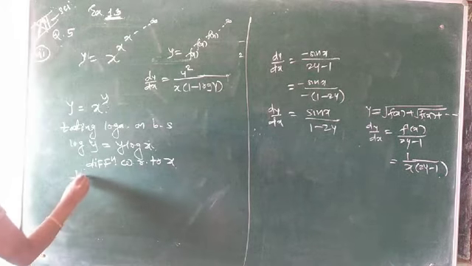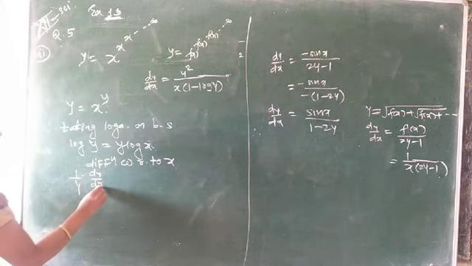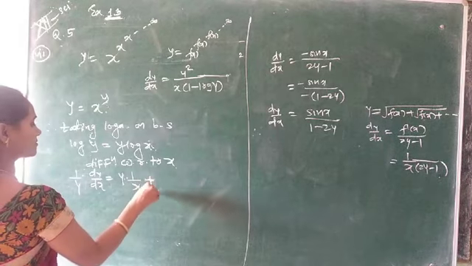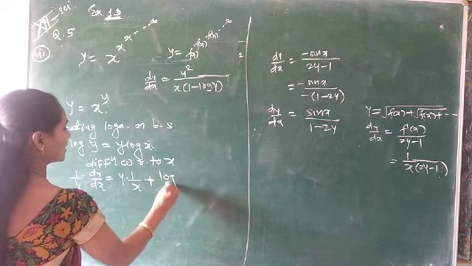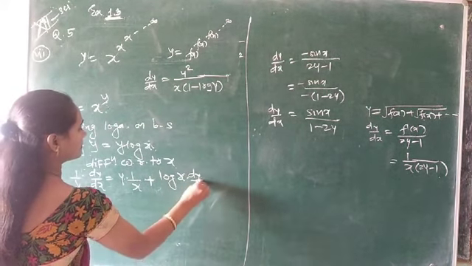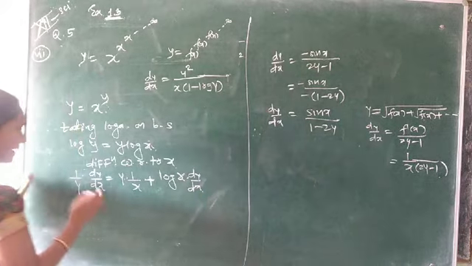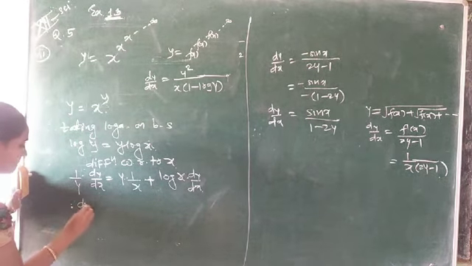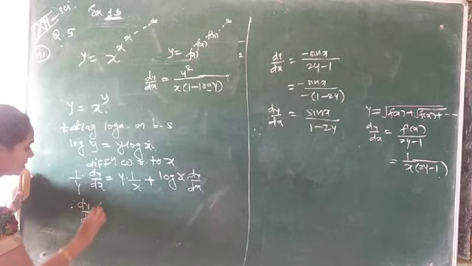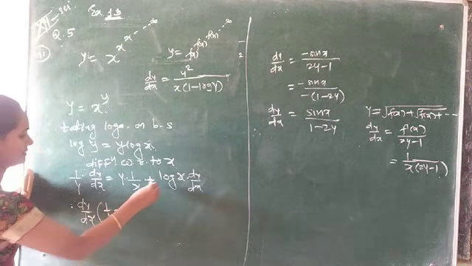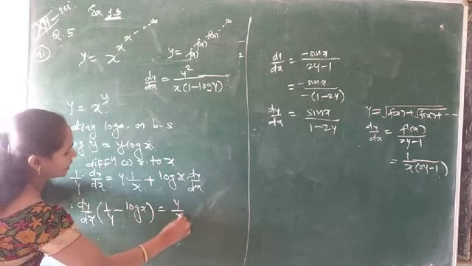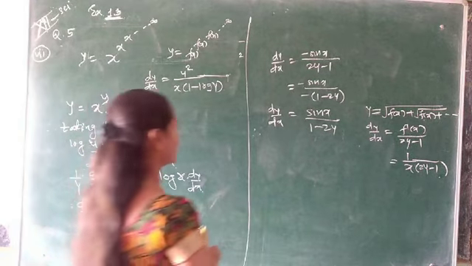The derivative of log y is 1 upon y into dy upon dx, equal to, by the product rule, y into the derivative of log x, which is 1 upon x, plus log x into the derivative of y, which is dy upon dx. Now take the terms multiplied by dy by dx on the RHS and take dy by dx common from them. So 1 upon y minus log x is equal to 1 upon x as it is. Now simplify this bracket.